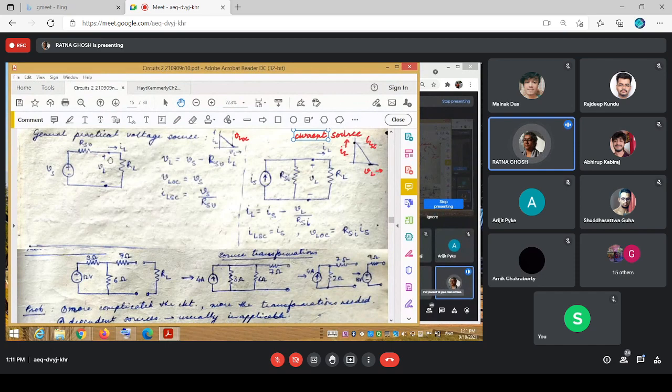You've got a single loop here, and correspondingly a single node pair here. You've got the same current flowing through these, and the same voltage dropped across these. In place of a voltage source, you've got a corresponding current source. Series circuit, corresponding parallel circuit. So these are the duals that you have.